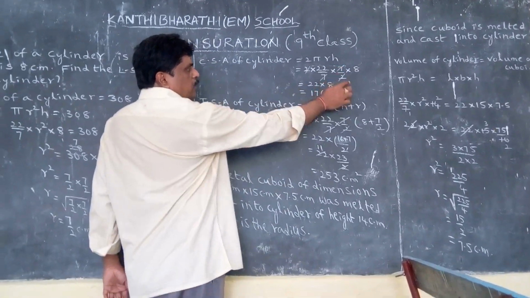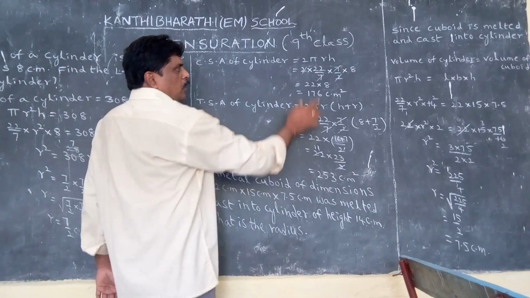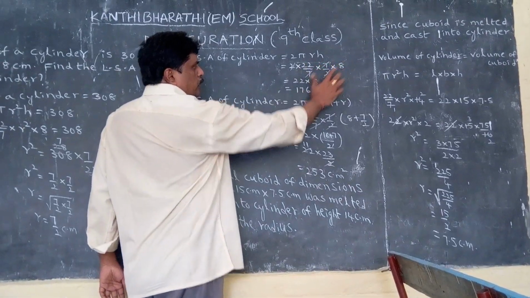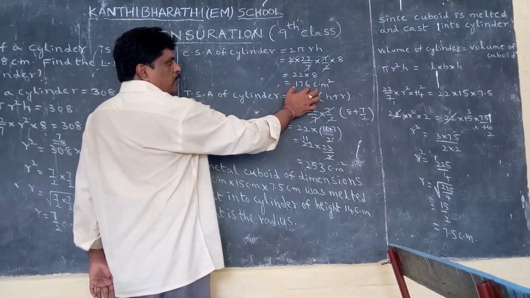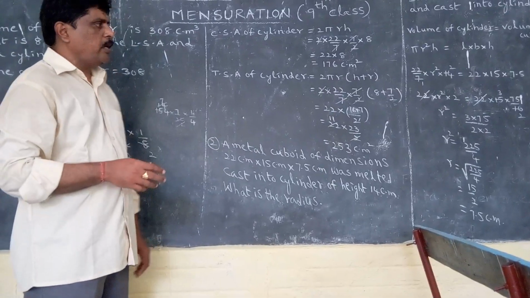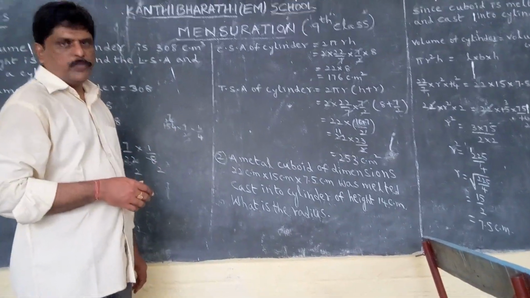Here 7 and 7 cancel, 2 and 2 also cancel. What remains in the numerator is 22 into 8. 8 into 22 is 176 centimeters square. So we get the curved surface area as 176 centimeters square.